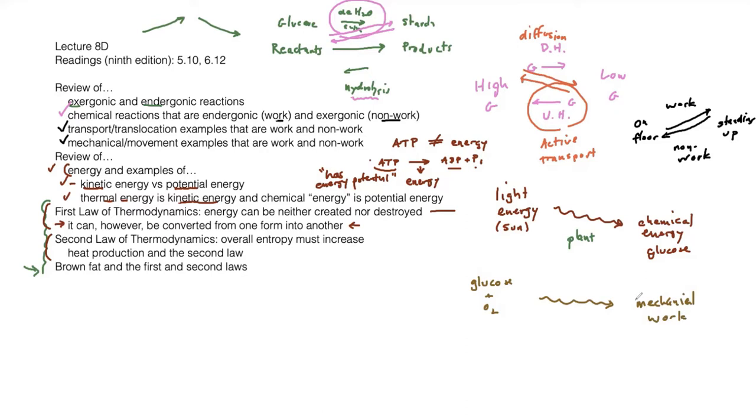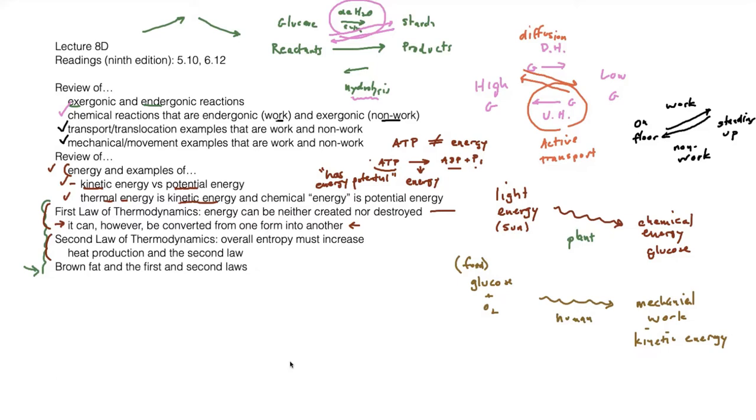Energy to drive mechanical work, kinetic energy to drive your getting up from the floor, right? In order to get up from the floor, that requires lots of ATP. That ATP is being fueled by the synthesis of food molecules, food. This is what we're talking about, right? And this might be a human.